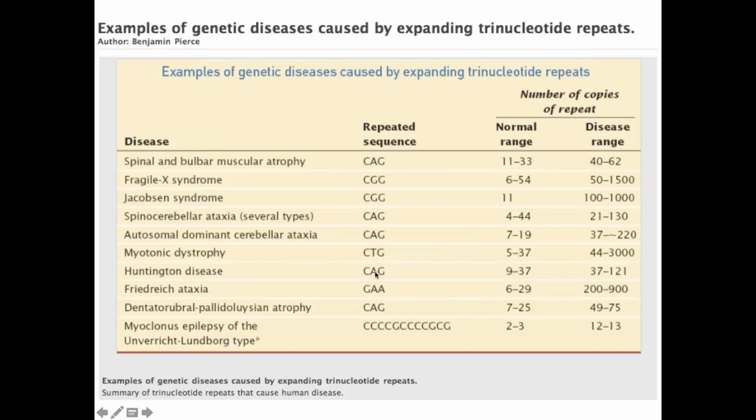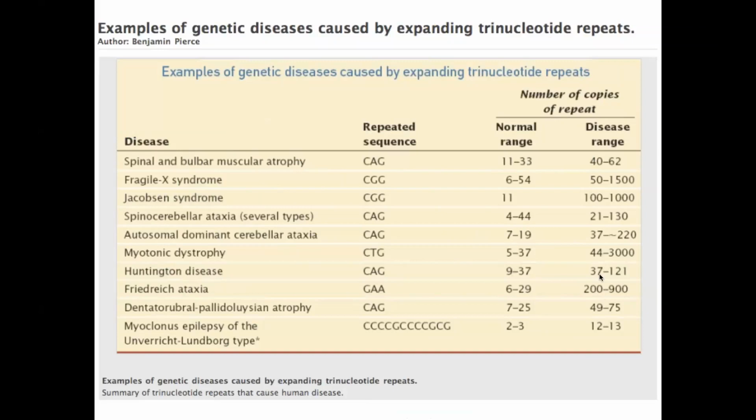But because of replication errors that lead to duplication, you can create the defective dominant allele that contains greater than 37 tandem repeats of that 3-nucleotide sequence. And so that's the defective form of the gene, the defective allele, that causes disease in a dominant manner. So how do you get those extra copies of that 3-nucleotide sequence? It's because of replication errors.